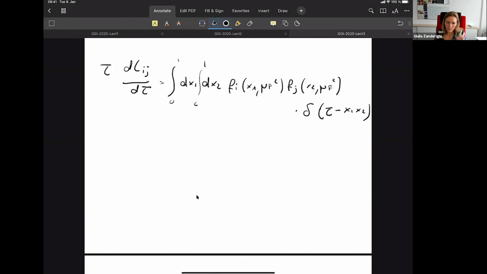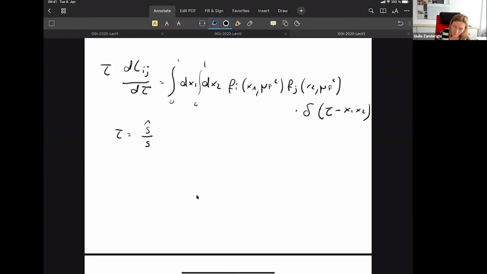So tau is essentially the ratio of your partonic center of mass energy squared divided by S. Remember, this S hat was x1 x2 S. So tau is the product of x1 x2, and tells you essentially how massive an object you can produce, right?